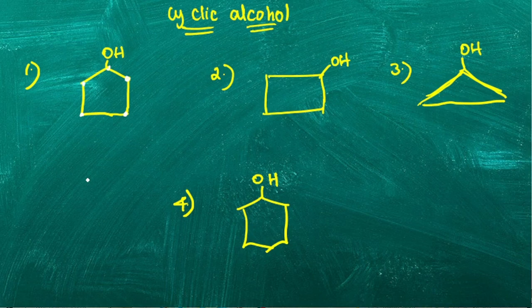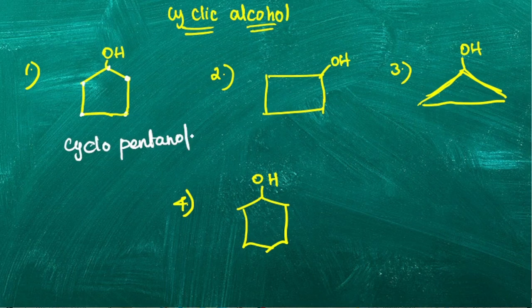That means it's going to be pentane, right? OH is attached at the first position. So we can call it pentanol. It is cyclic, so we have to write it as cyclopentanol.